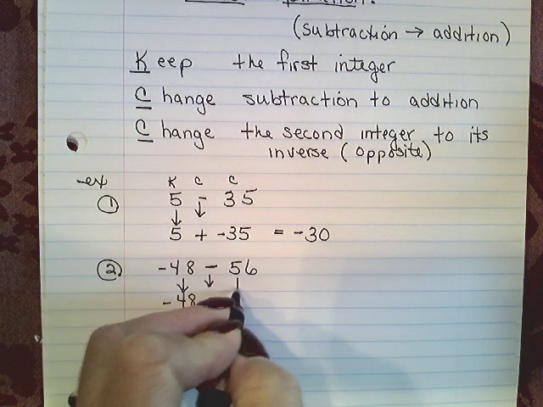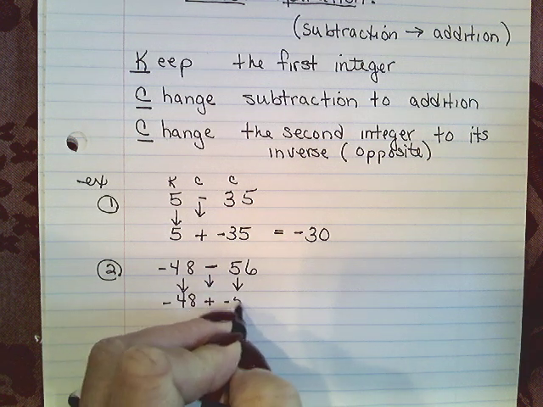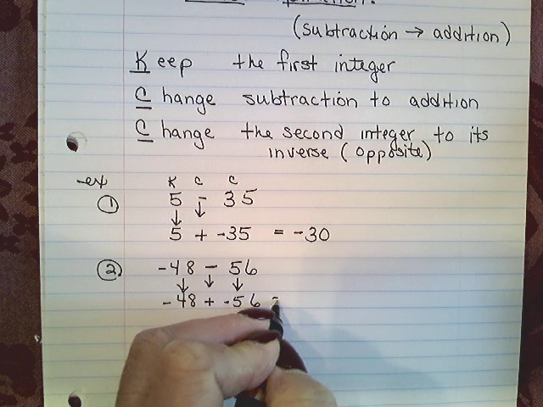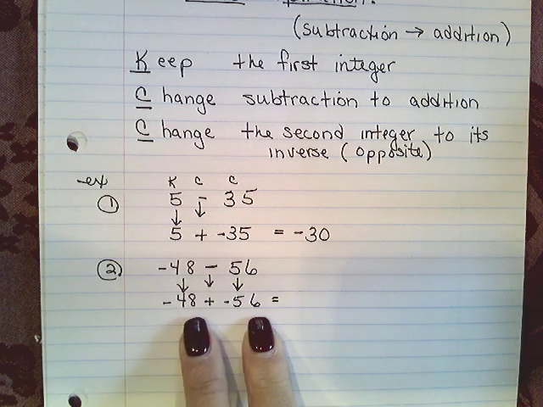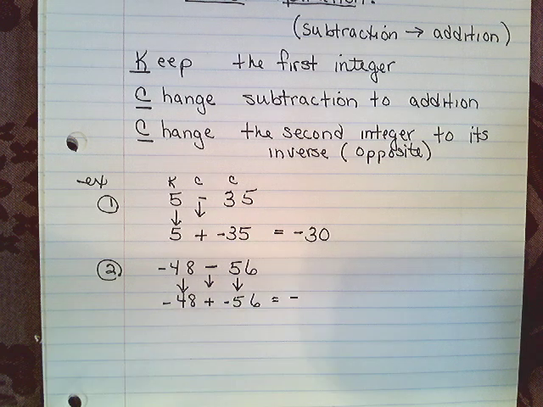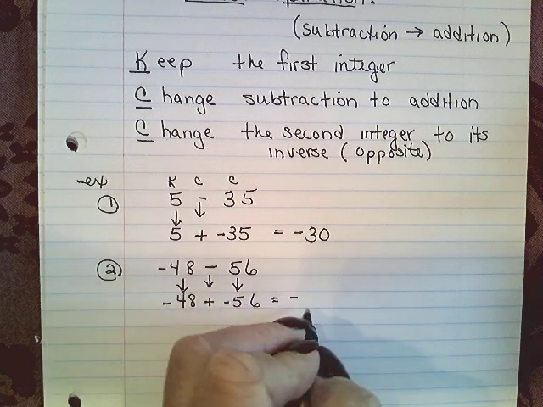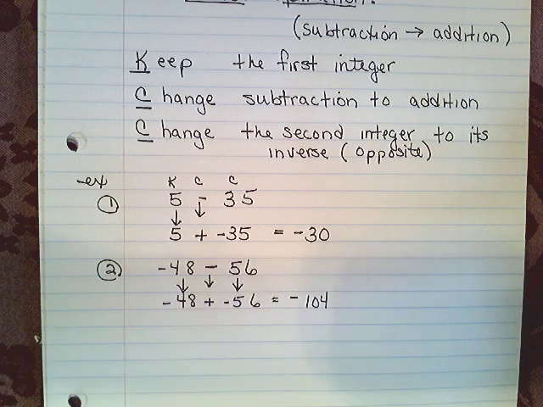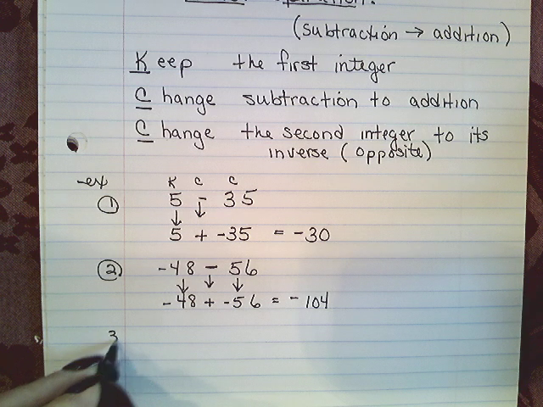And we are going to change positive 56 to negative 56. Both of my integers are negative, so my answer will be negative, and I'm just going to add them together, and I'm going to get 104. So our answer is negative 104.